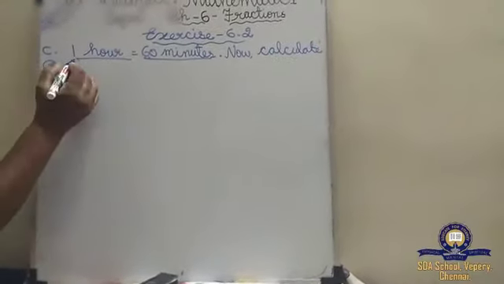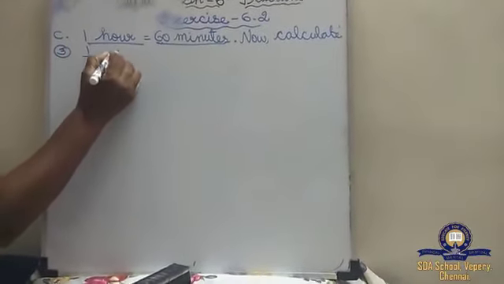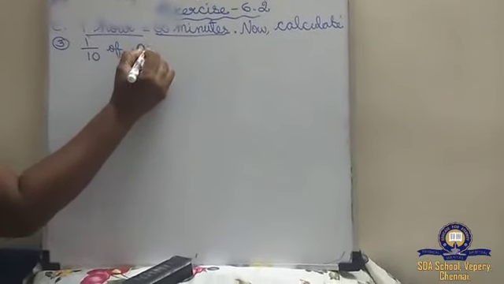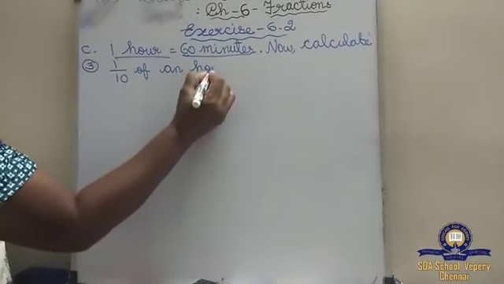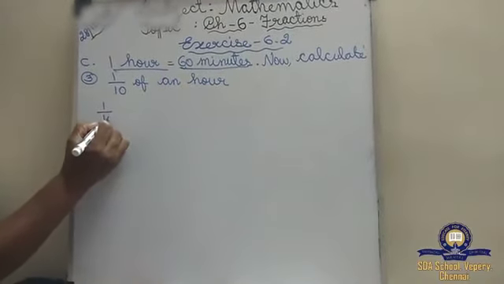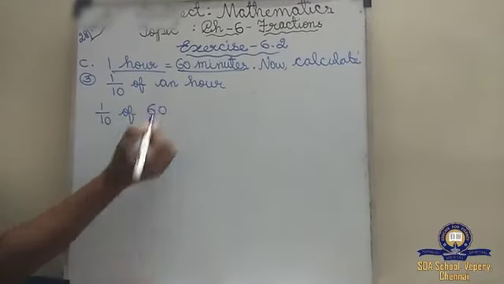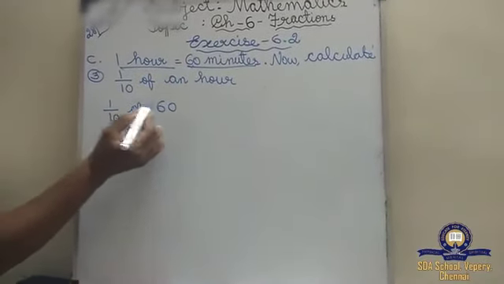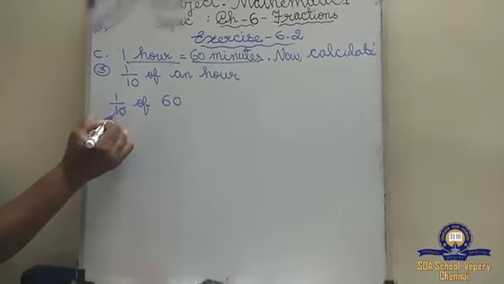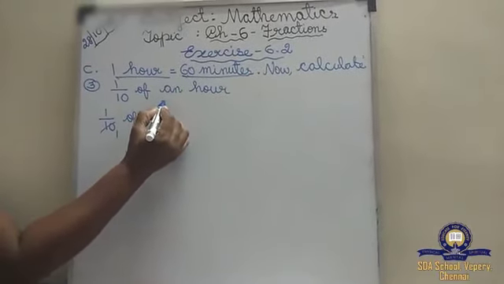Okay, the third sum. 1 by 10 of an hour. So again the same, children. 1 by 10 of an hour means what, children? 60. So 60 goes in 10 table. Easy, isn't it? 1 10 is 10. 6 tens are 60.